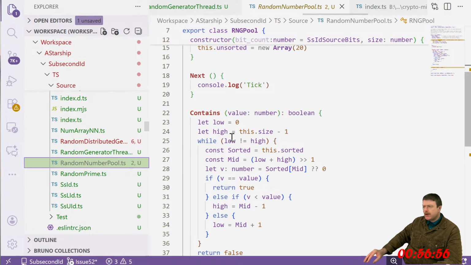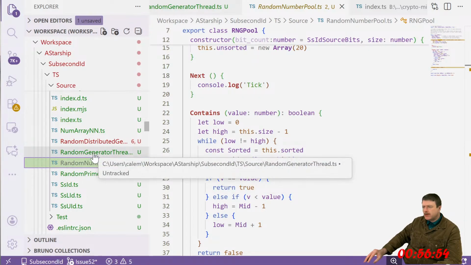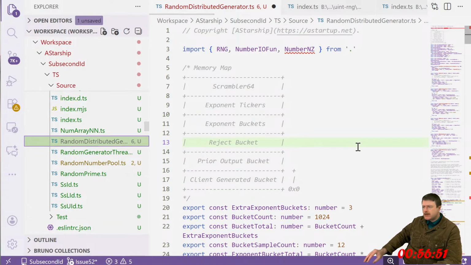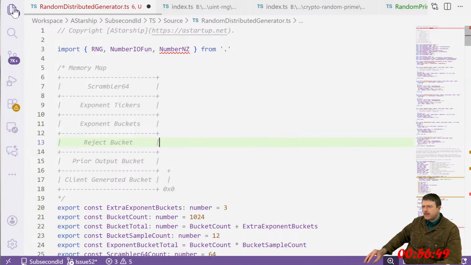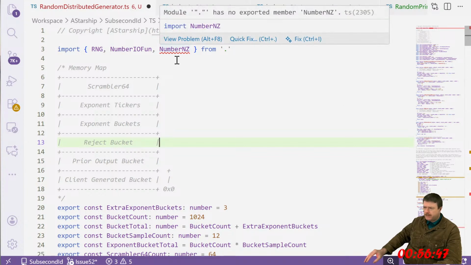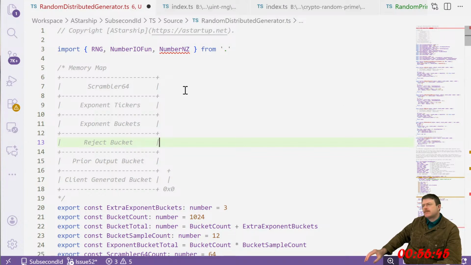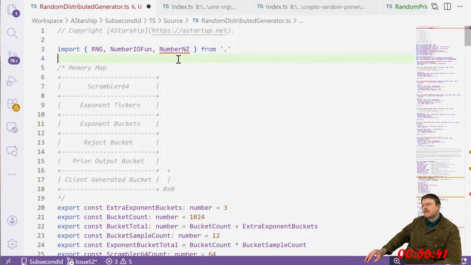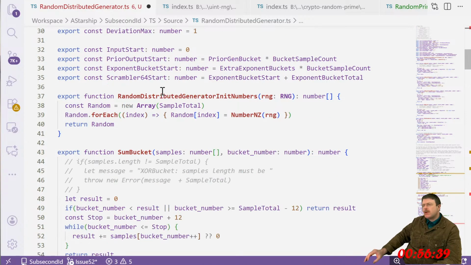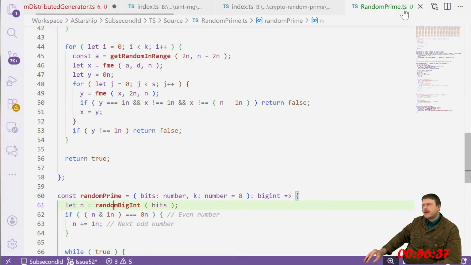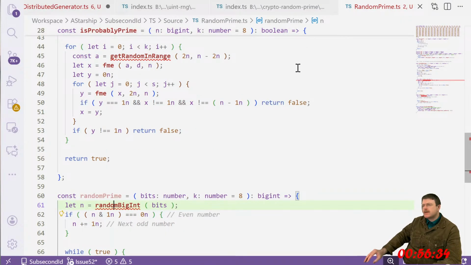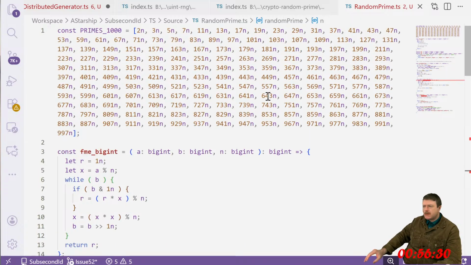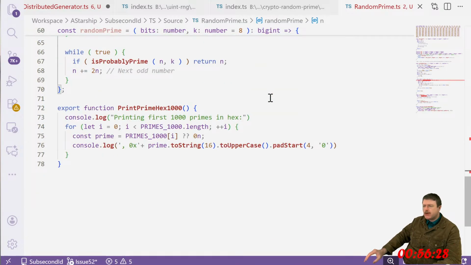Not the one that I want, huh? Generator. So I think what I want to do with this thread is just a random prime generator.